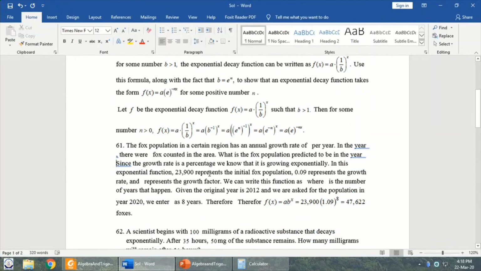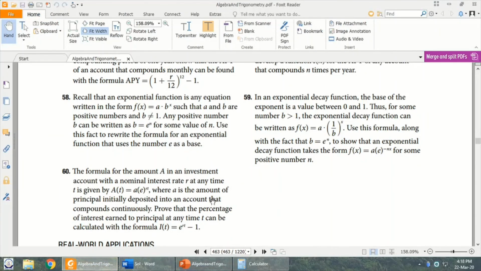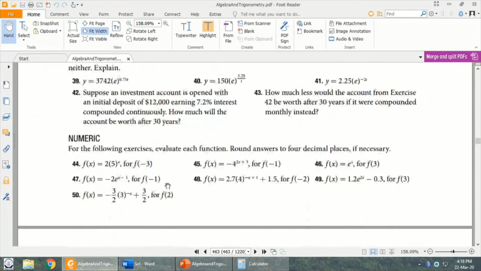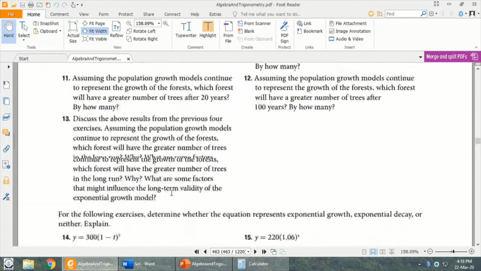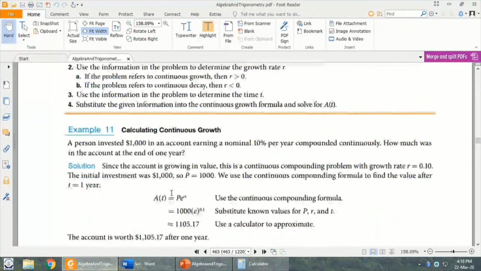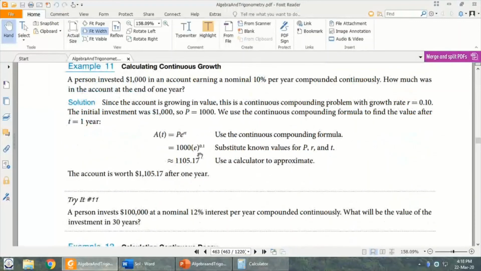And again, there's another question for you, to stimulate your mind. The formula for the amount A in an investment account. Okay, so A(t) is A e raised to power rt, and they have given you two functions. This formula is a bit challenging for you because they have not mentioned it directly, but they have mentioned it at some point in here.